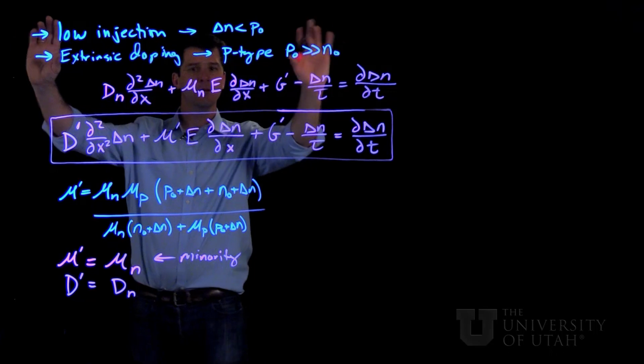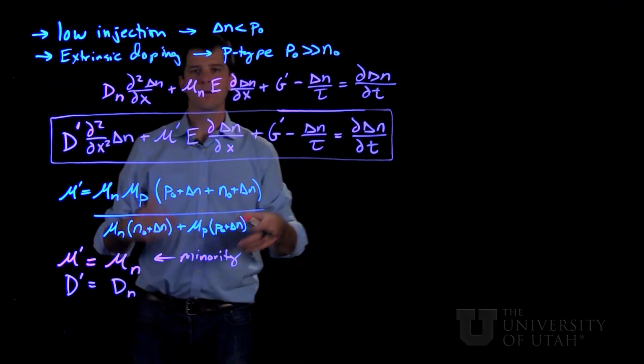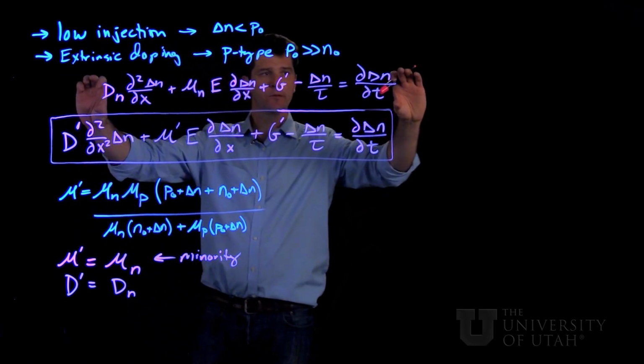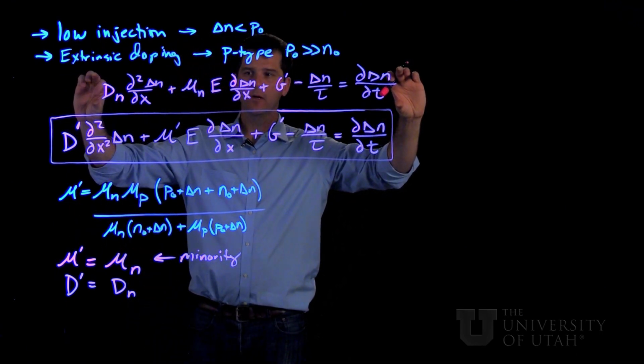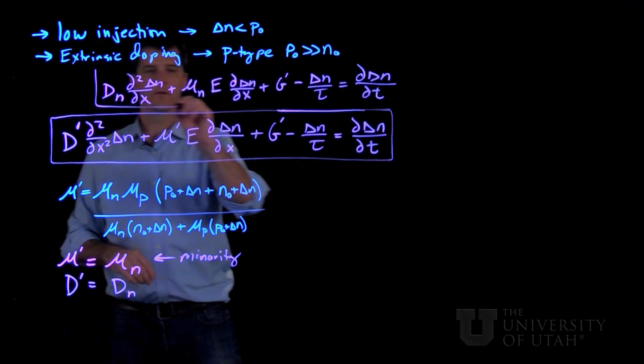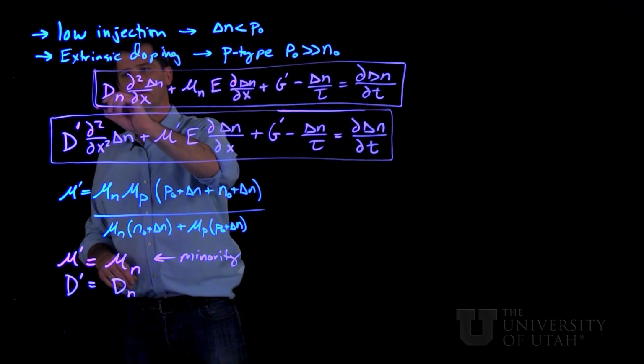So under these conditions of a doped semiconductor and low injection, we actually recover an uncoupled equation that governs the overall dynamics of the excess minority carriers.